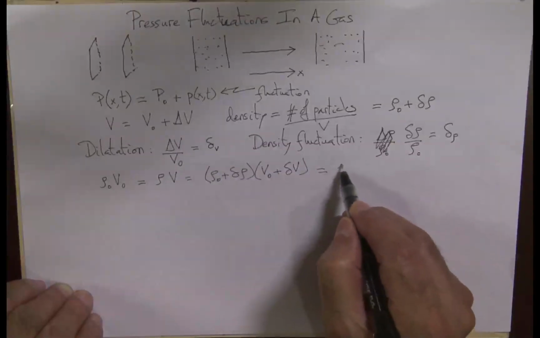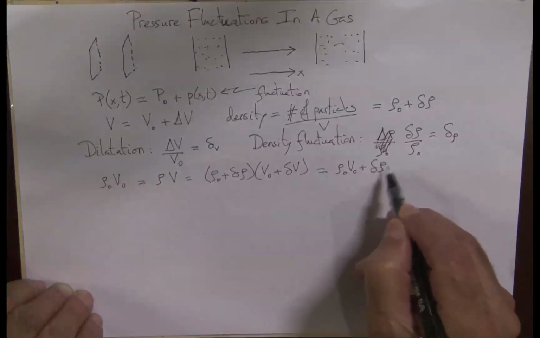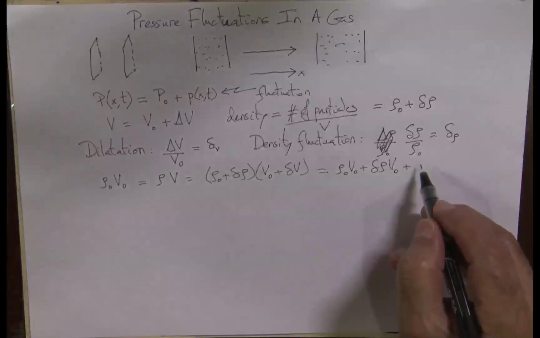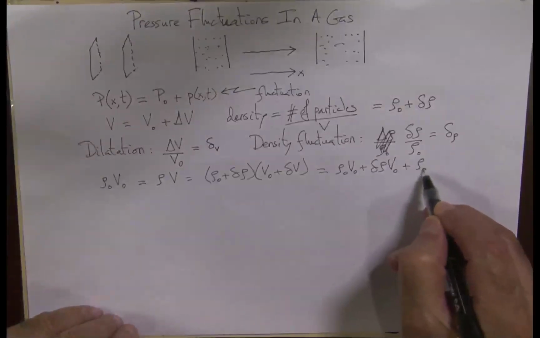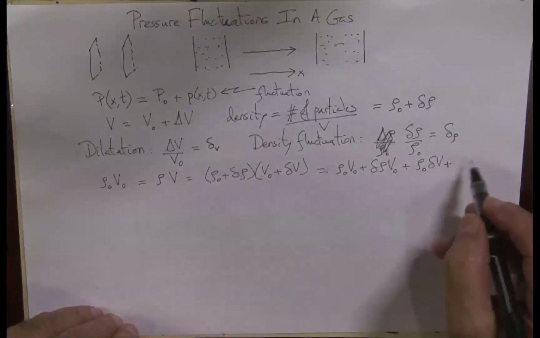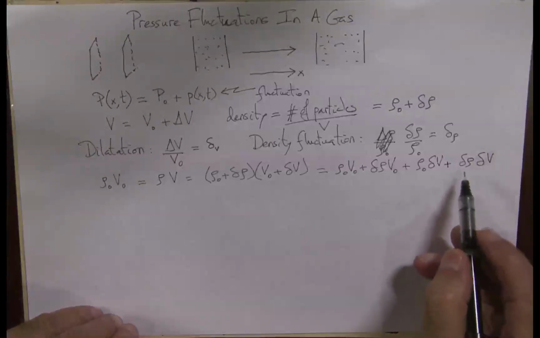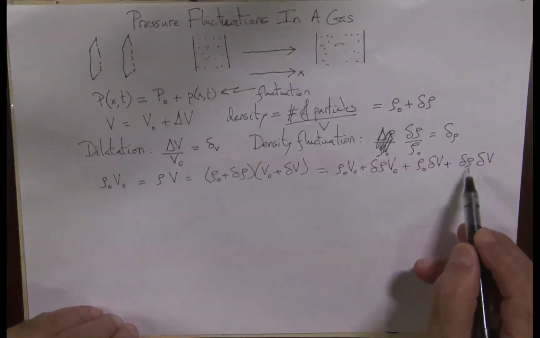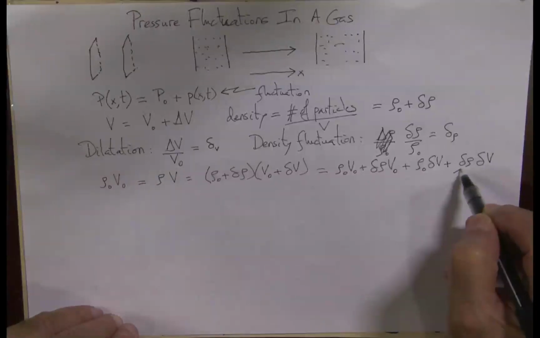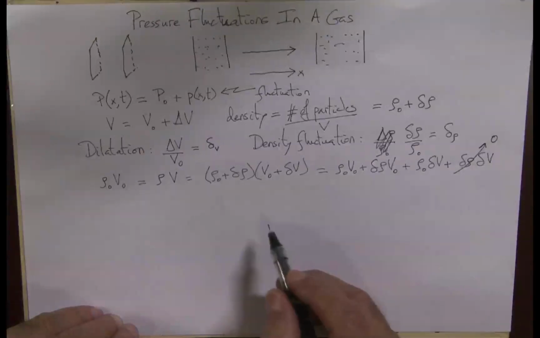And this is rho naught V naught plus delta rho V naught plus rho naught delta V, and then delta rho into delta V. Now, this is very small, so is this very small, so we are multiplying two very small numbers together, and so we ignore this and put it equal to 0.